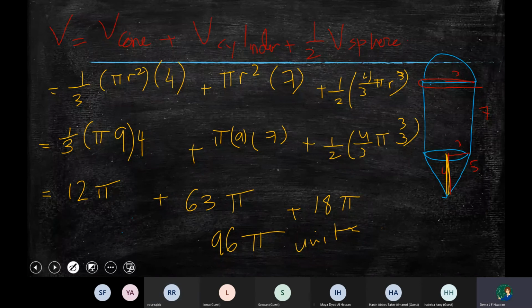Don't look at it as a drawn shape. But we will use the volume of the sphere, right? Half of the volume of the sphere, not all of it. Not the whole, the half. Okay. So by this question, we revised the sphere, the cylinder, and the cone.